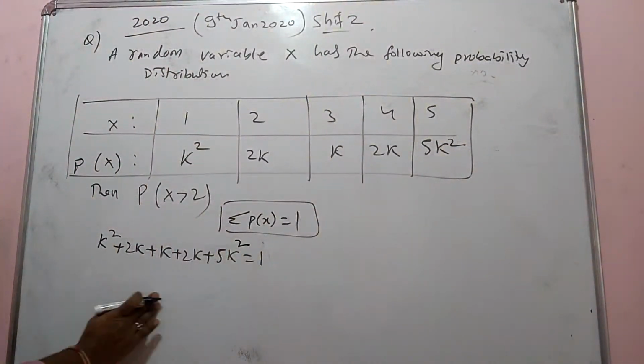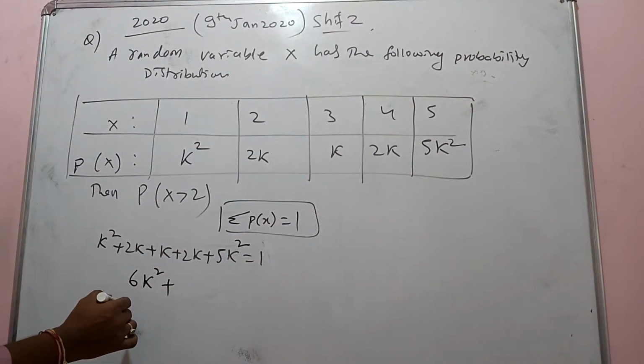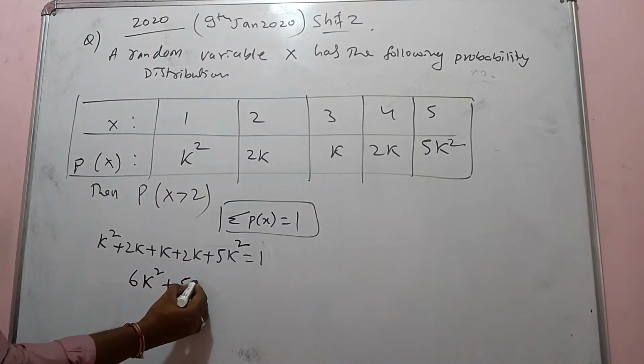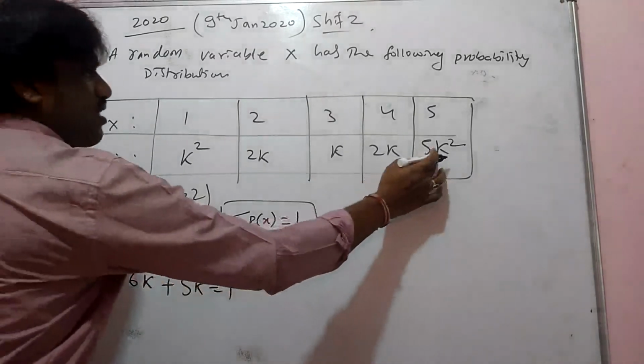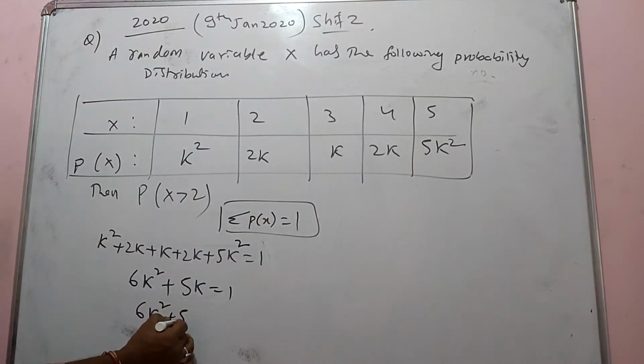Sorry, this is wrong. The first term is 5k square, so totally I get 6k square plus 5k minus 1 is equal to 0.